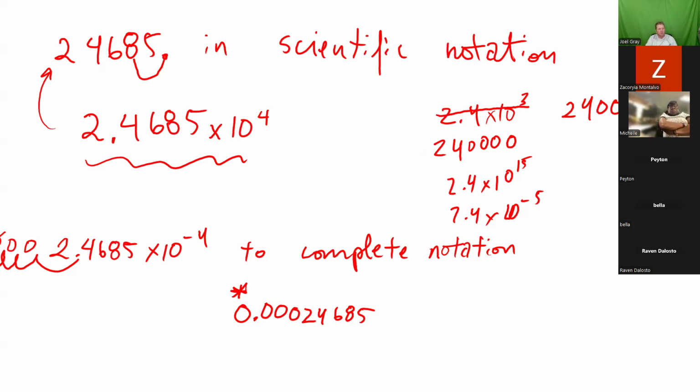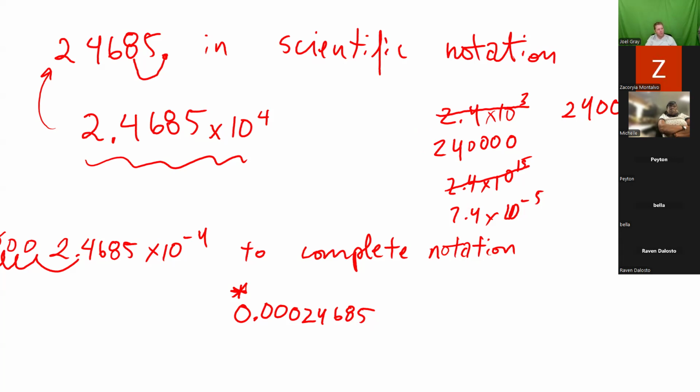So if I'm ranking them largest to smallest, I can also immediately cross out this times 10 to the 15th, because times 10 to the third gives me 2,400. Times 10 to the 15th would be a crazy big number, more than 1 billion. So I don't need to worry about that.